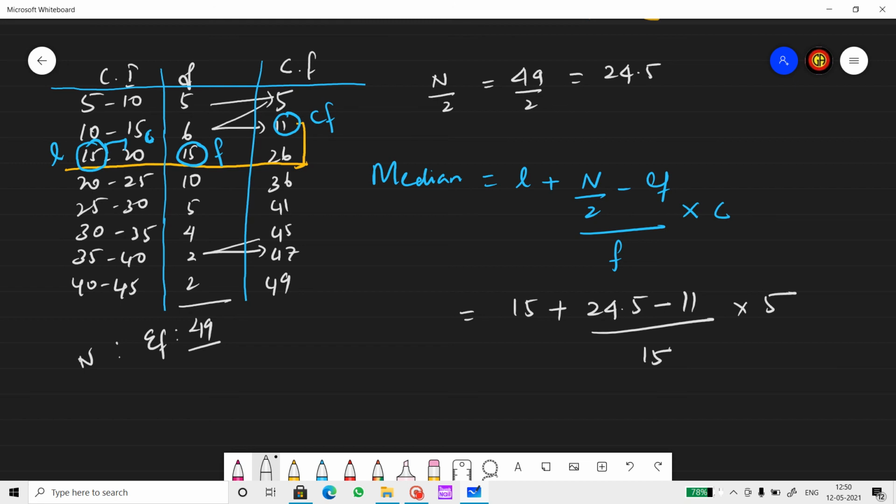And if you simplify this, you end up getting 15 plus 13.5 divided by 3. That's 3 times here. So the answer is 19.5. So this is how we find the median in the case of class interval data.